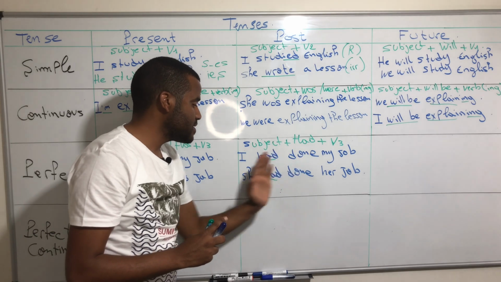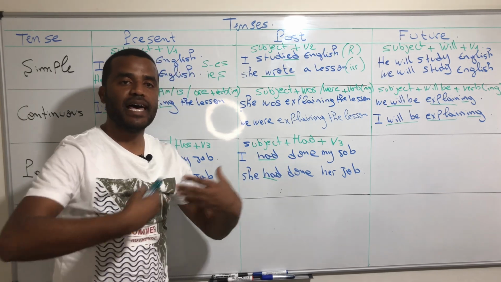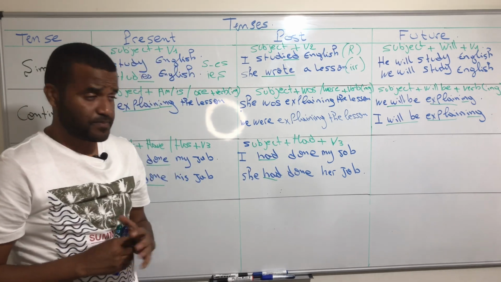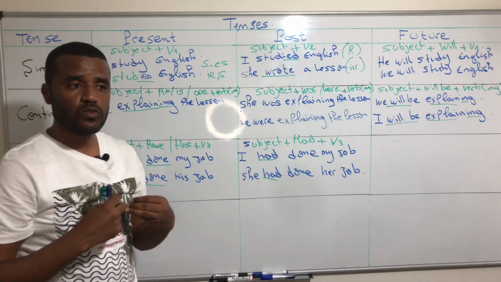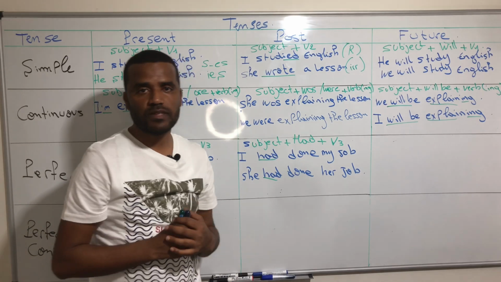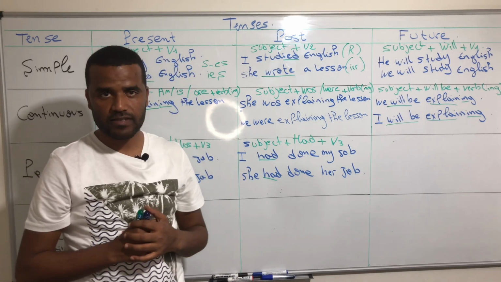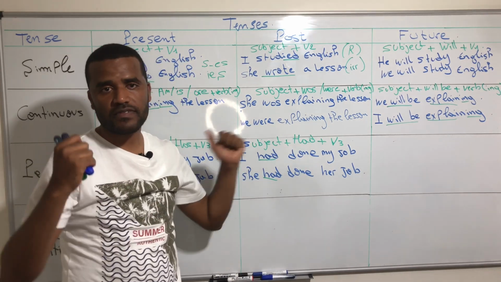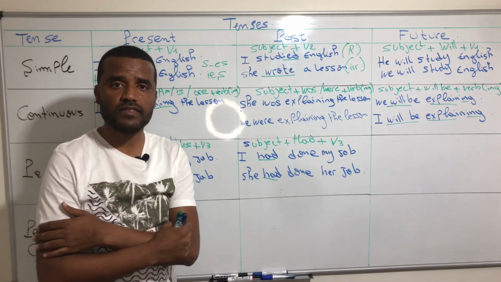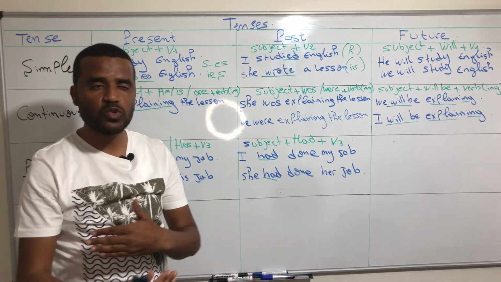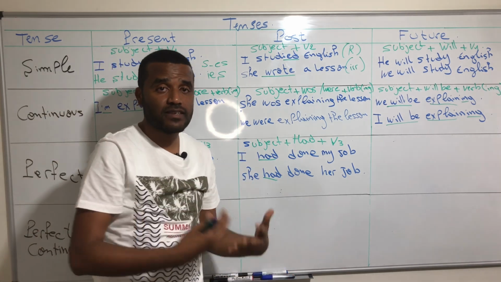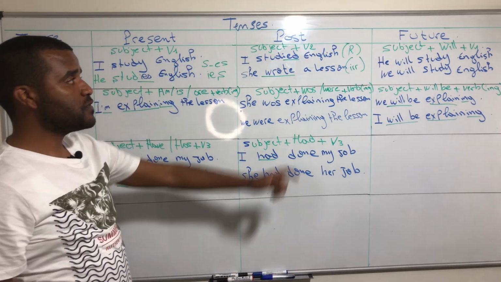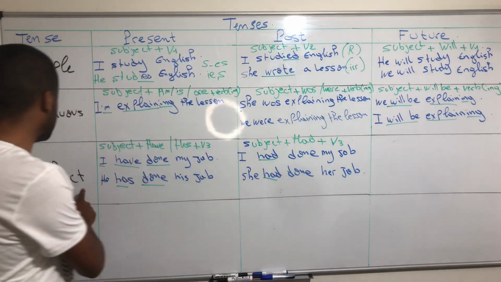I had done, she had done, or we had done. Good. This is how we make sentences with the past perfect. We did the past perfect in the last videos, and we explained the use and the rules.